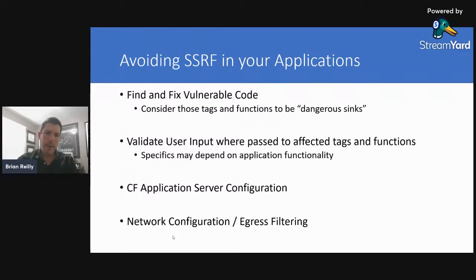And so even beyond the kind of ColdFusion things that you can do, even beyond fixing your code and tuning your servers, if you're able to tightly control your environment, you could use stricter network configuration, stricter outbound egress filtering, so that, let's say, your server doesn't need to talk to most of the internet.